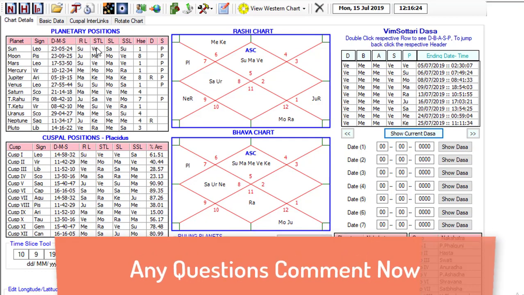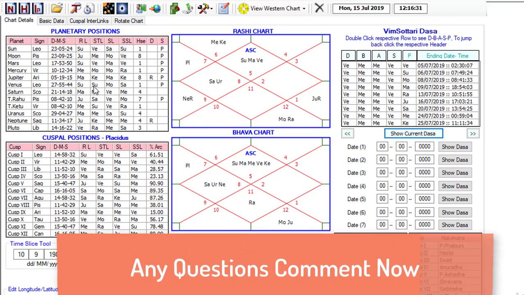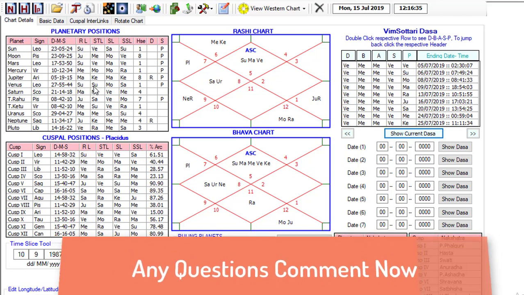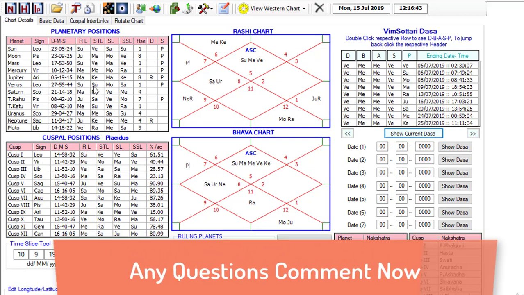So how will Venus react? Then we need to see that Venus is again in the star of Sun. This is how you calculate how the planets are going to behave and give results. This is how KP astrology works.